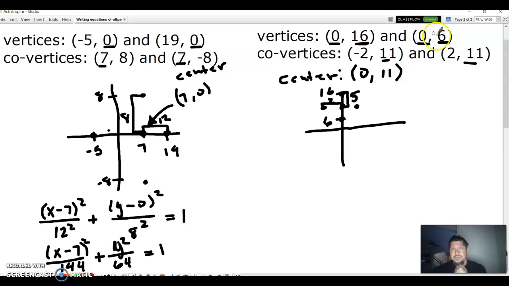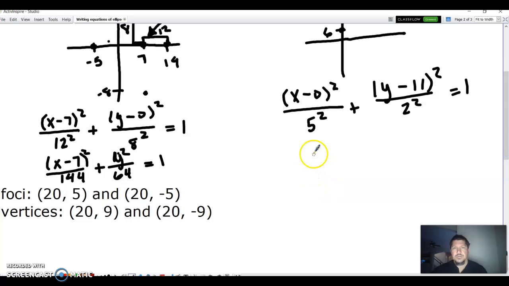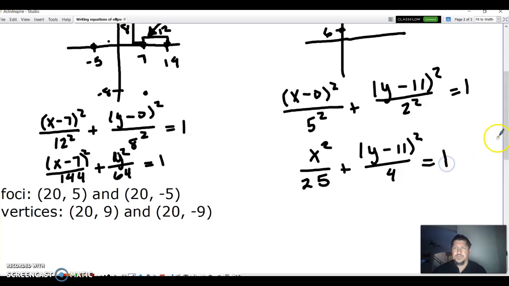Since that's 10, half of that distance is my A. So this is going to be x minus 0 squared over 5 squared plus y minus 11 squared over 2 squared equals 1. Which gives me x squared over 25 plus y minus 11 squared over 4 equals 1.